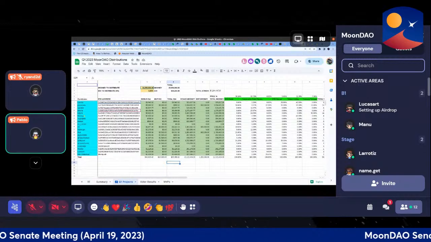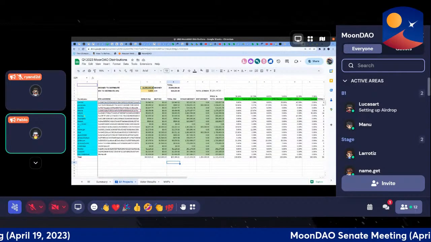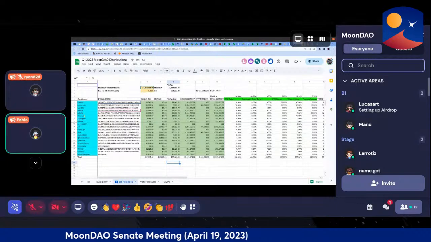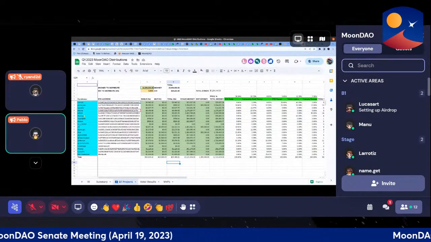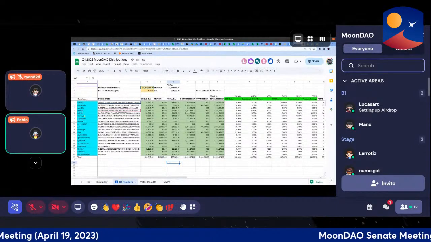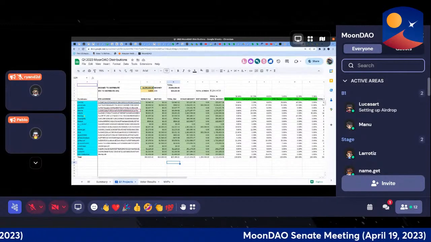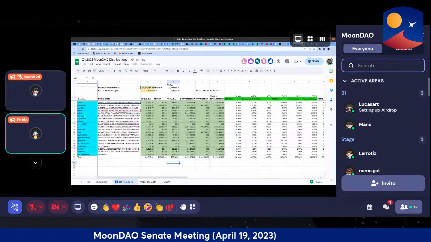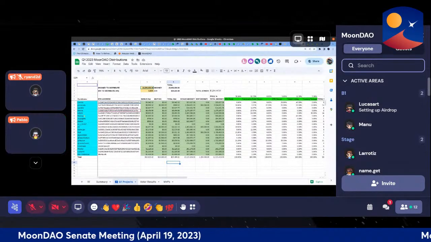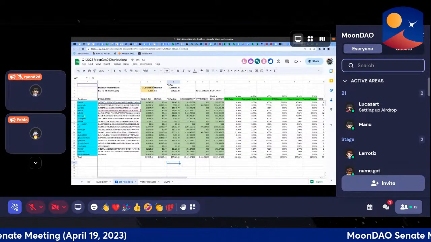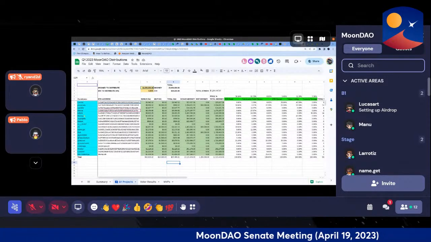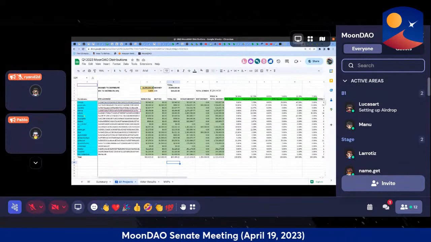But I think Balak, you were still paid for one quarter of Growth Guild when we set up the interim guilds, right? You mean Q4 last year? Yeah. I got it just for Q1. Yeah, this is for Q1 though.